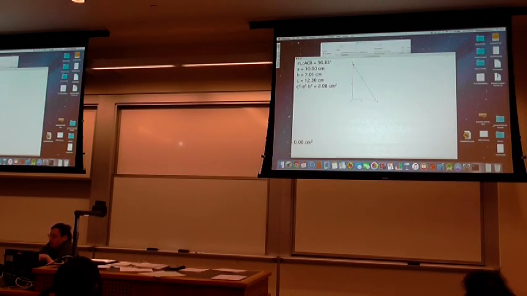Now, if I just move it a little in this direction, the angle is a little smaller than 90 degrees. A and B can't change, so C will change. And you can see that over here. Now C squared minus A squared minus B squared is a negative value. So I'm decreasing the size of C.